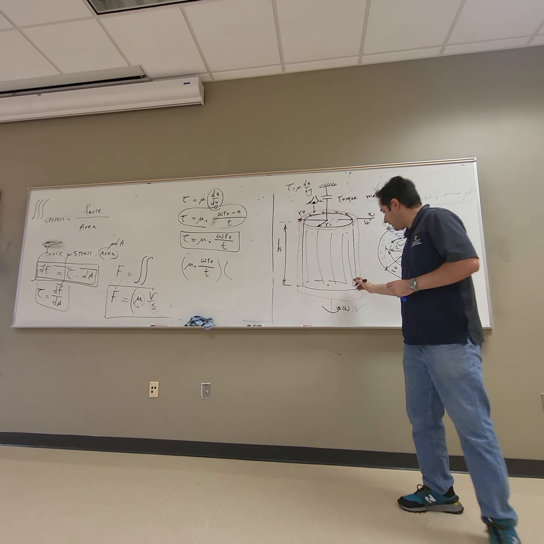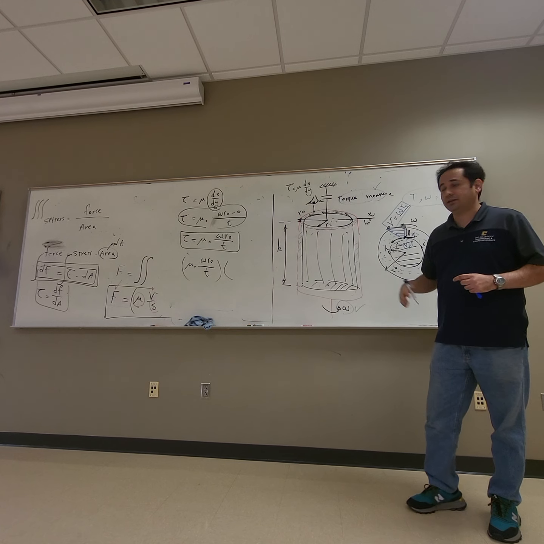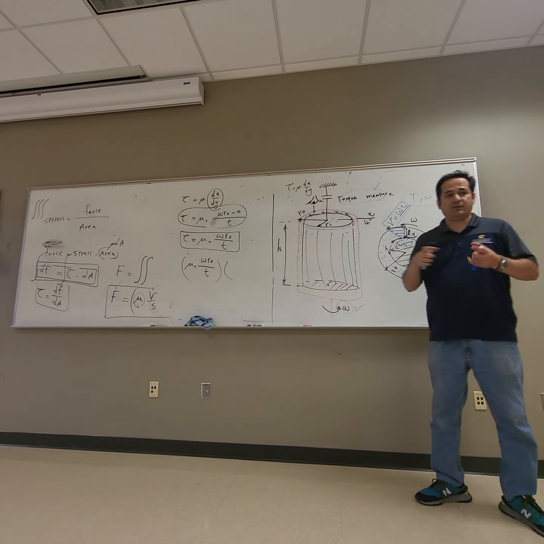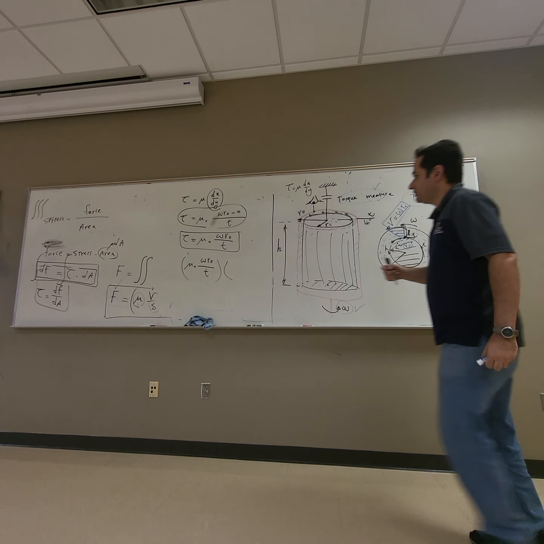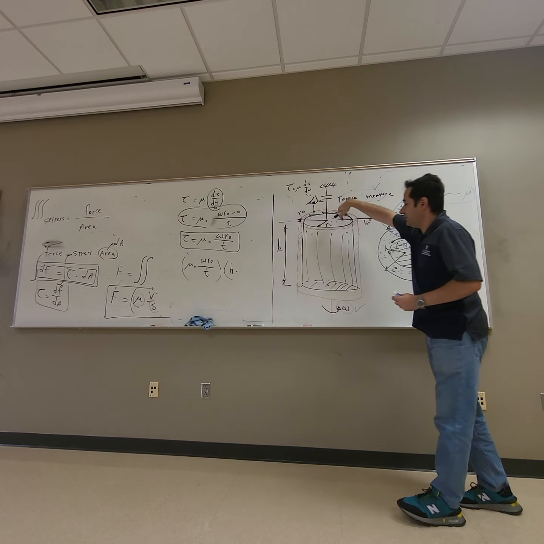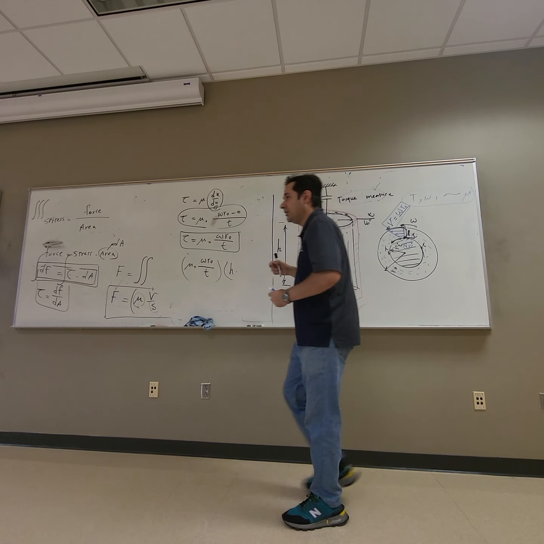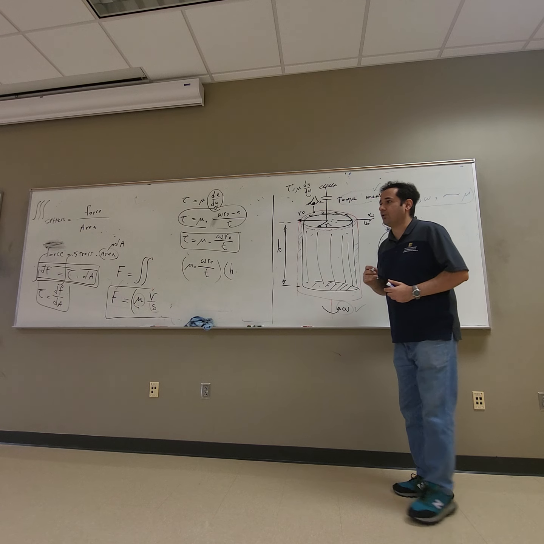No, pi r squared is the area of the top or bottom. It's the surface area. It's the circumference times height, right? Which is what? H times, what's the circumference? 2 pi Ro. Okay, what are Ri or Ro?